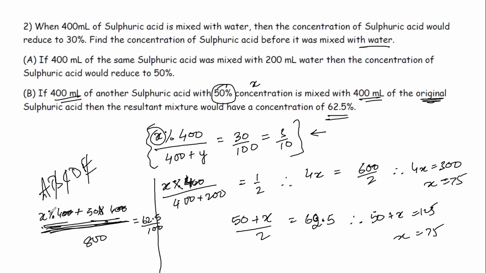So we have 4x plus 50 into 4, 4x plus 200 is equal to, this 0 cancels with this 0, 8 times 62.5.